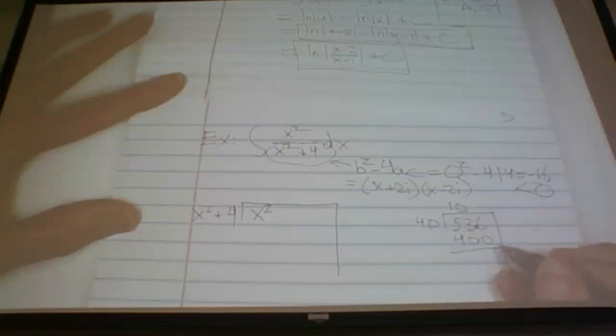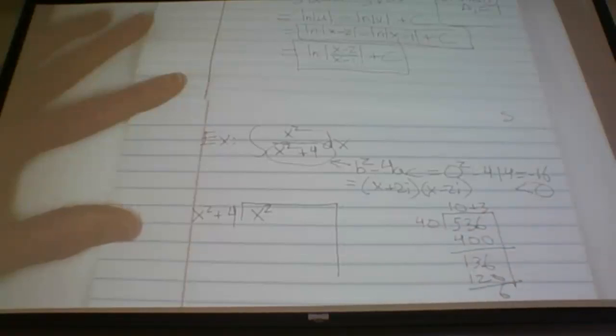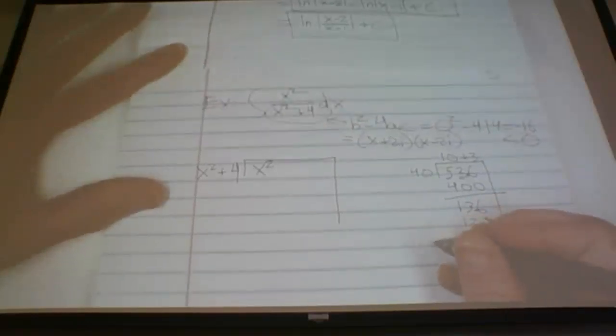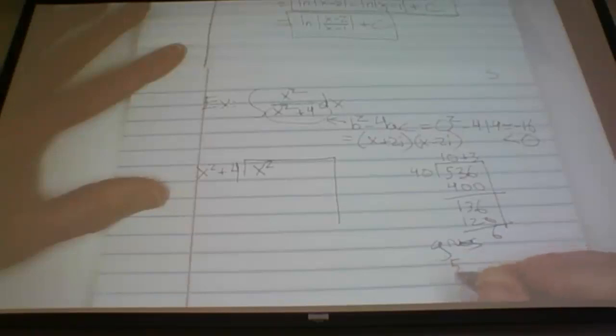That's the biggest multiple of 10. 20 times 40 is too big. 10 times 40 is not. So 40 into 536: 10 times makes 400, and then I'm left with 136. Now 40 goes into 136 3 times. 3 times 40 is 120, and it leaves a remainder of 6. So what does that tell me about the quotient, 536 divided by 40?